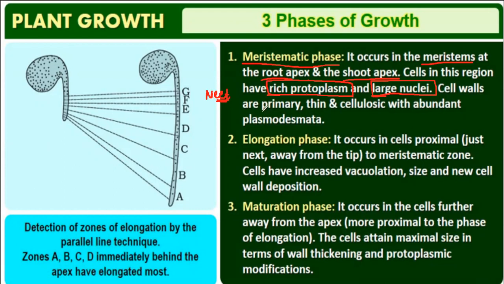And the cell wall is primary. You have a primary, thin, cellulosic cell wall with abundant plasmodesmata. All the points are very important, so just bookmark everything.